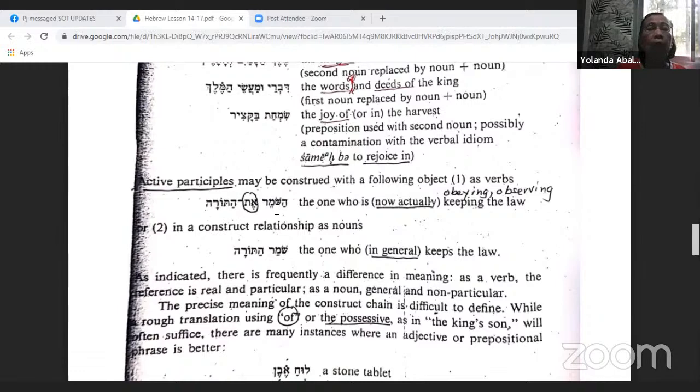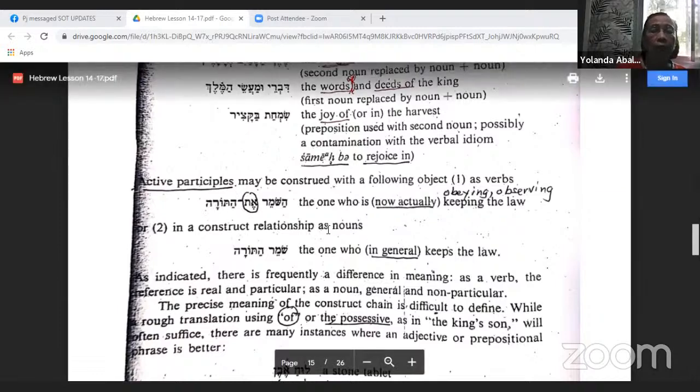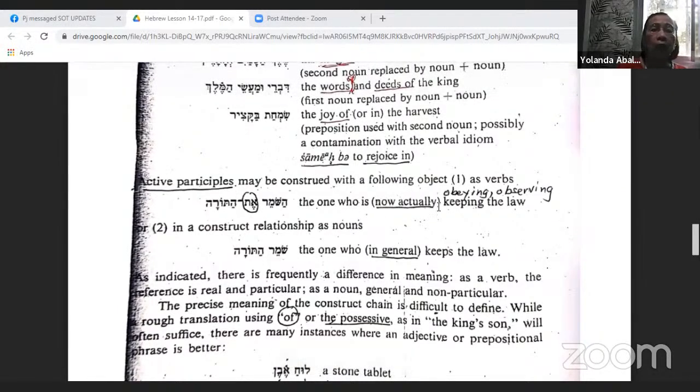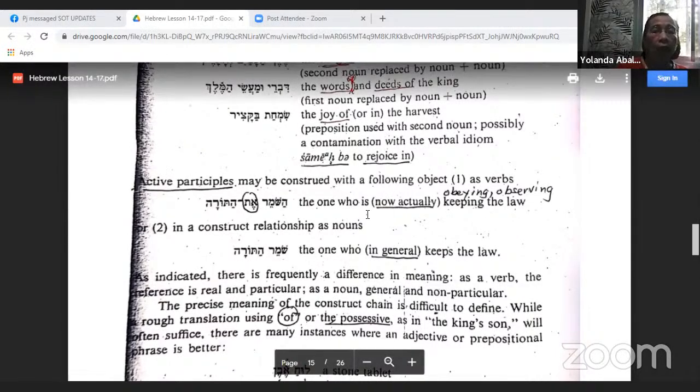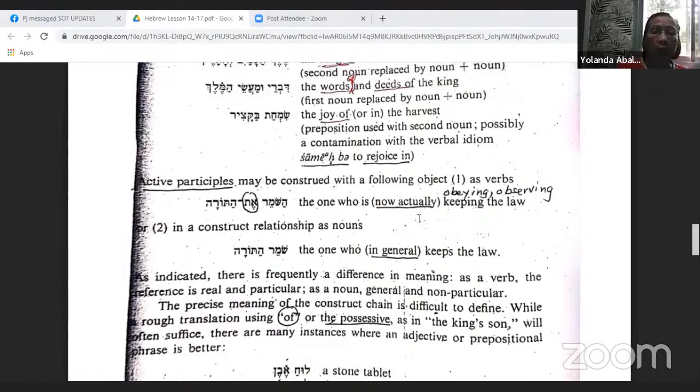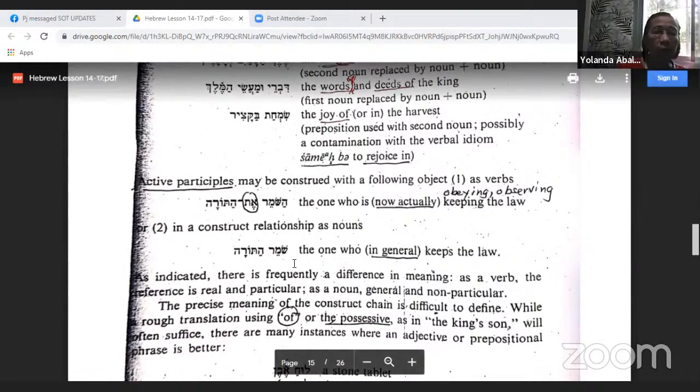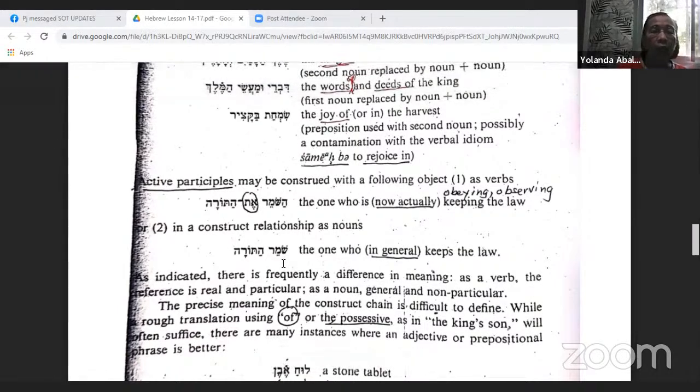The keeper or the one who is keeping the law. Torah means law. The one who is now actually keeping the law. Then you have Shomer HaTorah. Shomer, the one in general, the one who keeps HaTorah, the law.